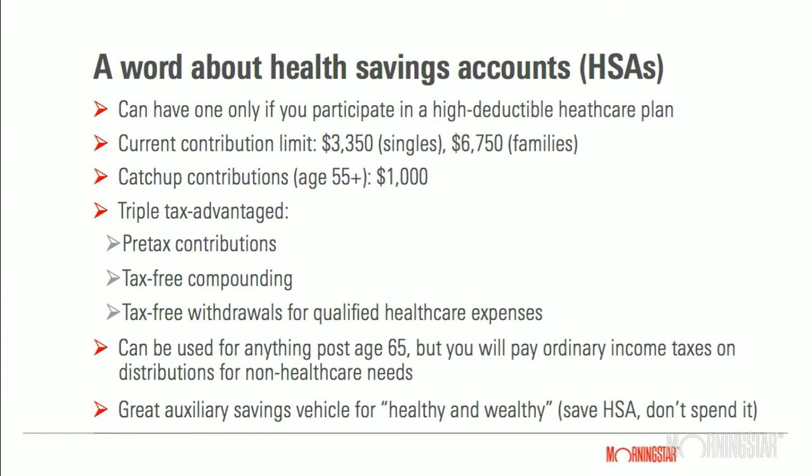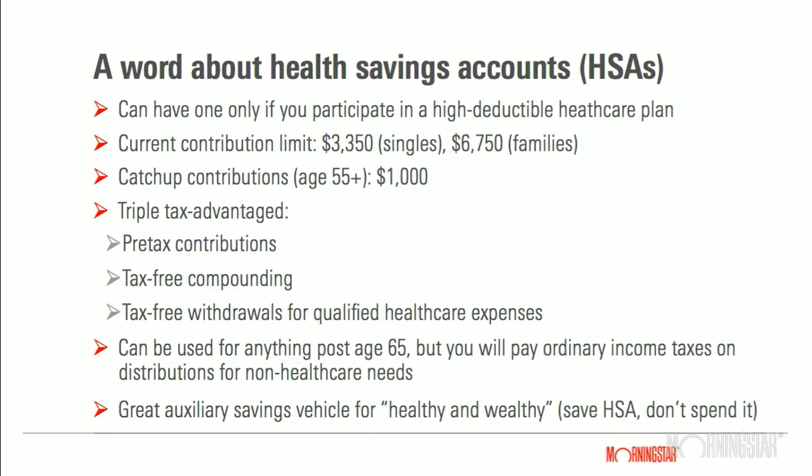So the reason that people love their HSAs is that it's the only triple tax advantaged vehicle in the whole tax code. So the government really wants us to invest inside of HSAs. You are able to put in pre-tax contributions. You are able to enjoy tax-free compounding as long as the money stays inside of the HSA, and you are able to enjoy tax-free withdrawals for qualified health care expenses.